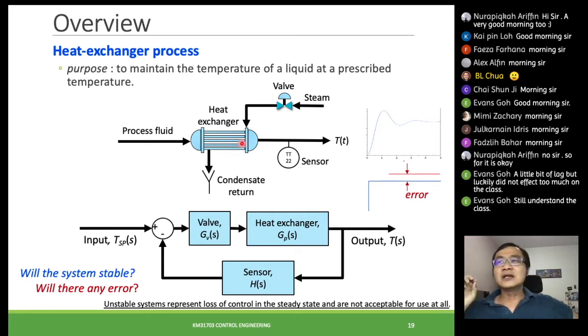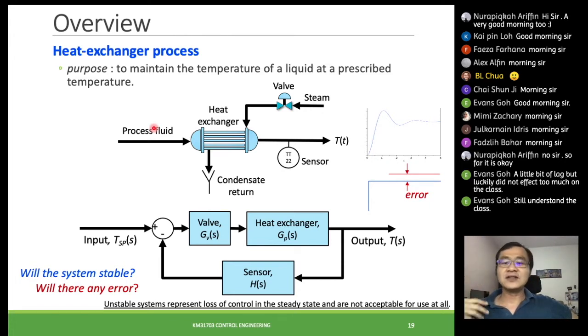Now the problem is if we want to maintain the temperature before we supply it to our process, we would want to measure the temperature over here. Since we want to control it, we would set a temperature, let's say 90 degrees Celsius. Maybe the liquid comes in at room temperature, 25 degrees.